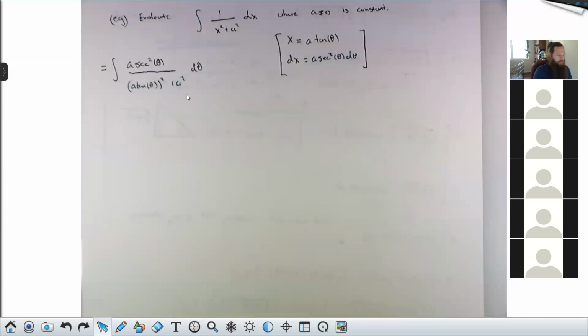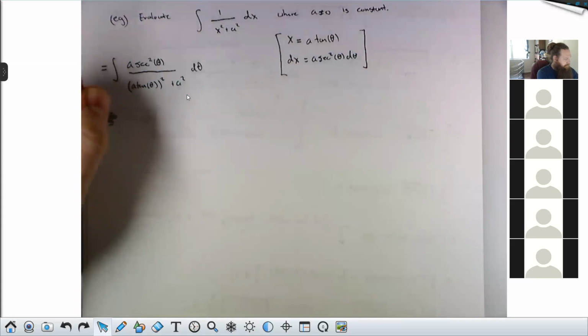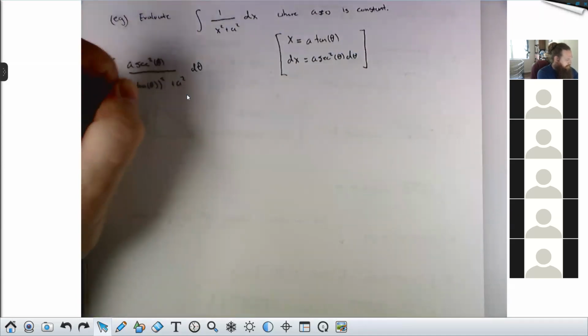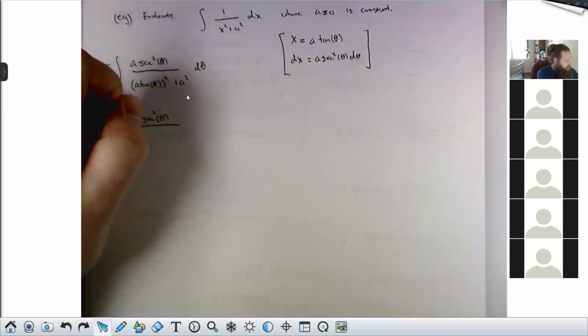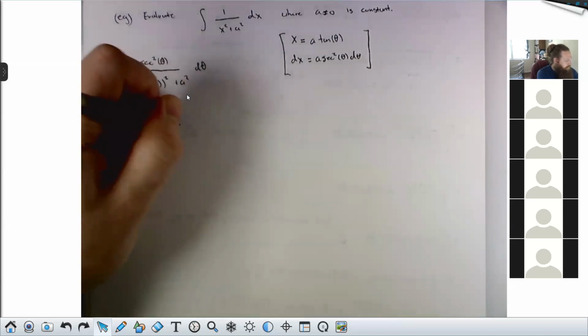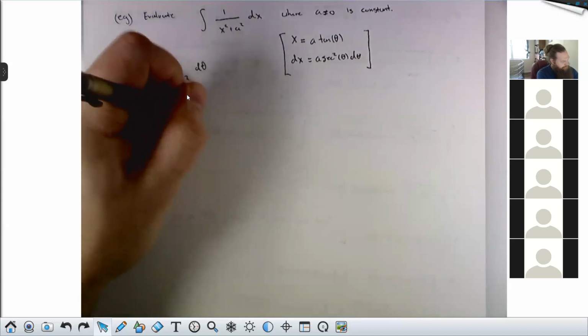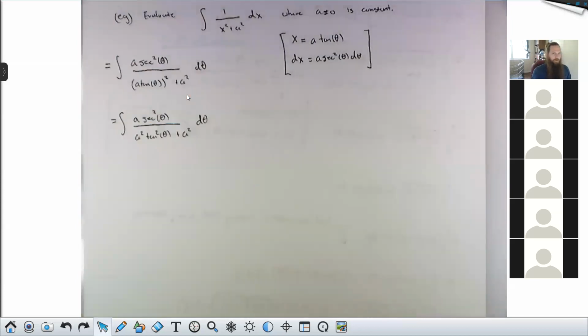Downstairs, this is a squared tan squared theta. So this is a secant squared theta divided by a squared tan squared theta plus a squared d theta. What would be a good next step?